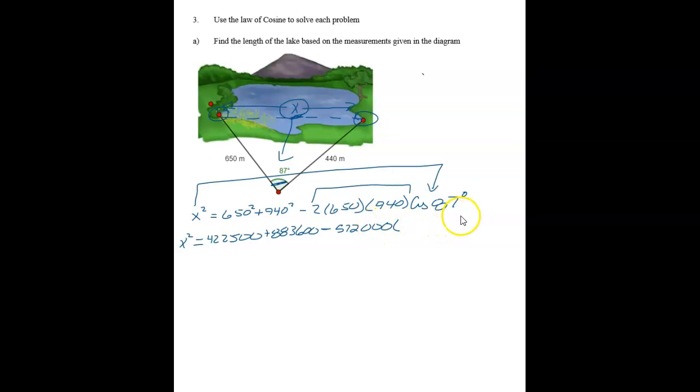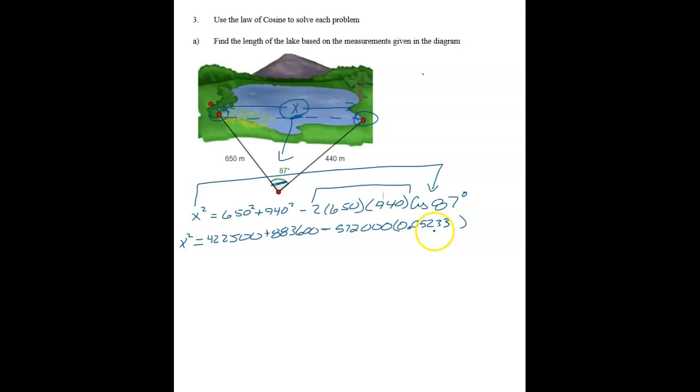And then cosine of 87 degrees. You need that to 4 decimal places. So cosine 87 is going to start with 0 decimal 05233.